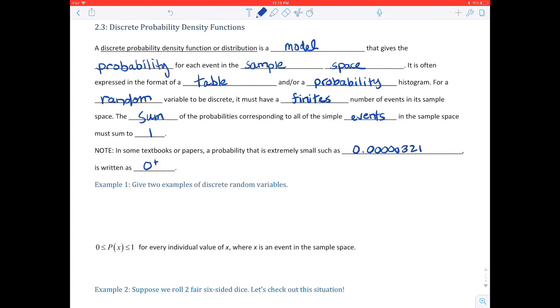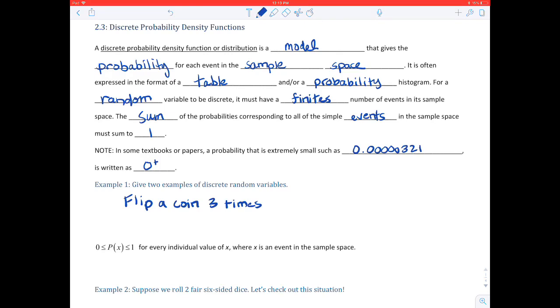So let's think about 2 examples of discrete random variables. What do you think? We worked with a couple of them. Good. You could flip a coin, right? Maybe 3 times.